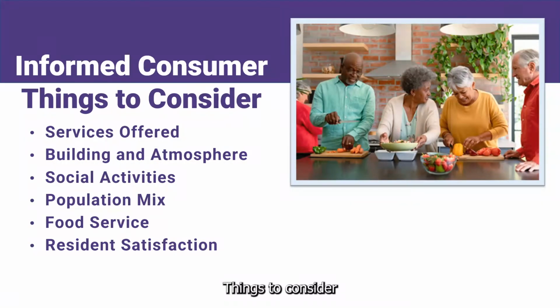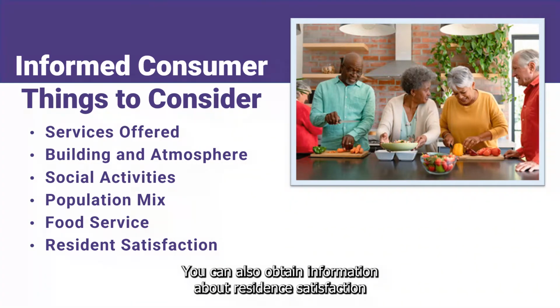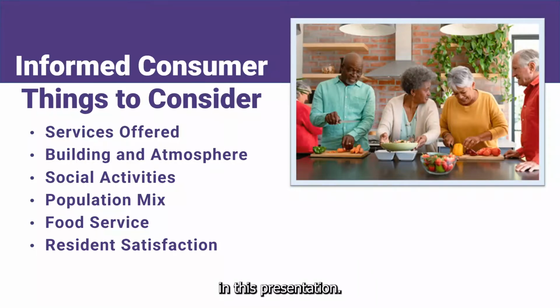Things to consider include services offered, building and atmosphere, social activities, population mix, food service, and resident satisfaction. Ask the facility to provide any resident satisfaction surveys completed within the last 2 years. You can also obtain information about resident satisfaction from some of the sources that will be discussed later in this presentation.